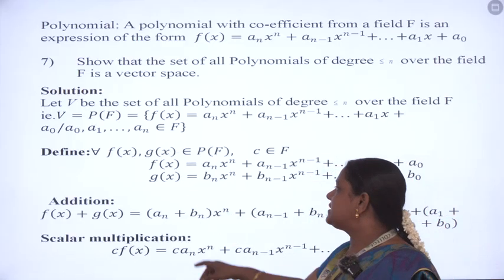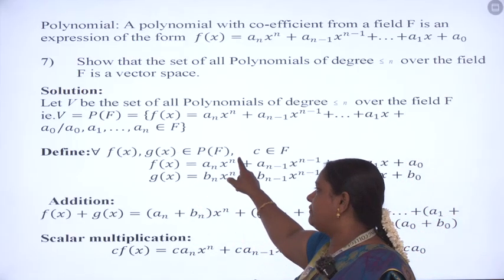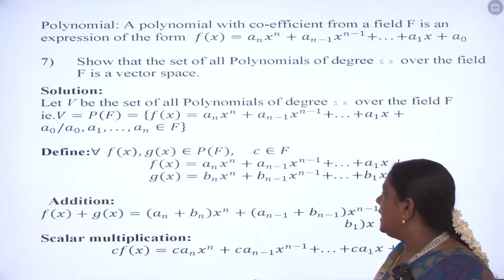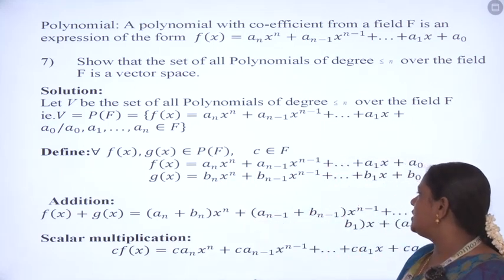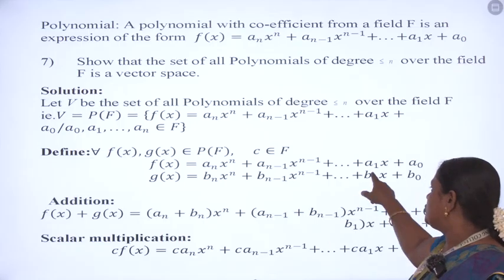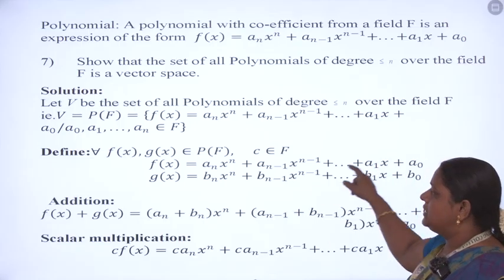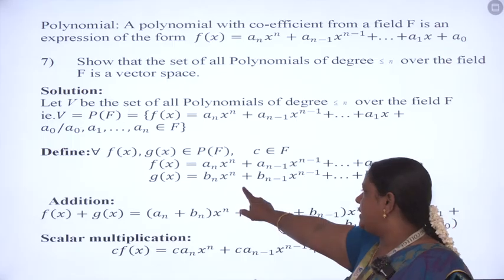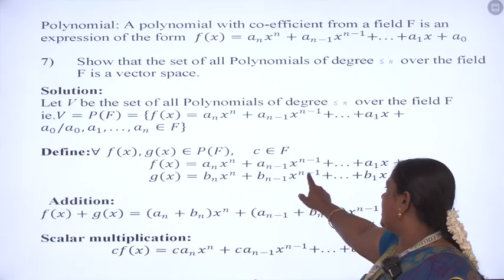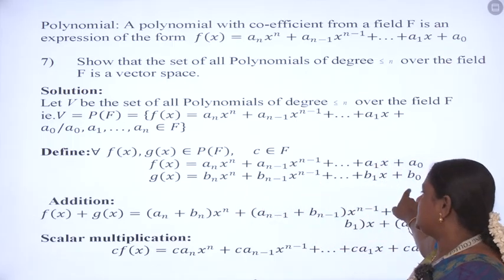For all f of x, g of x belongs to P of F, f of x equal to an x power n plus an minus 1 x power n minus 1 plus and so on a1x plus a0, and g of x is bn x power n plus bn minus 1 x power n minus 1 and so on b1x plus b0.